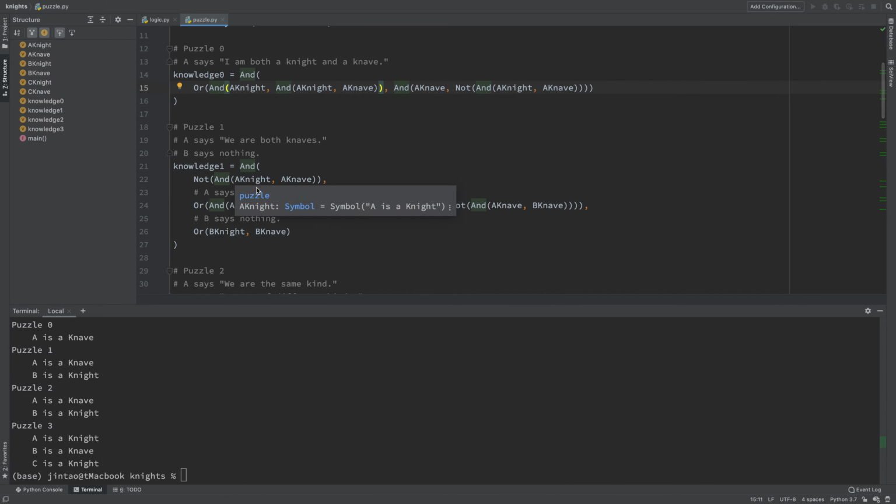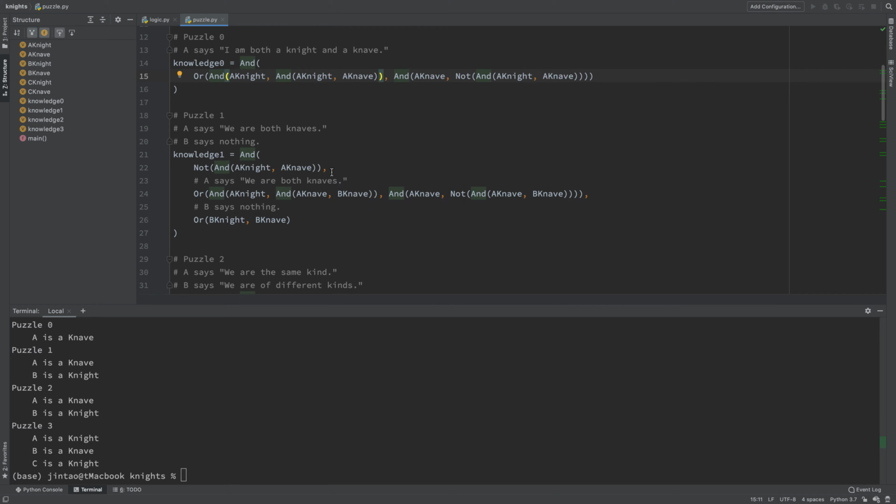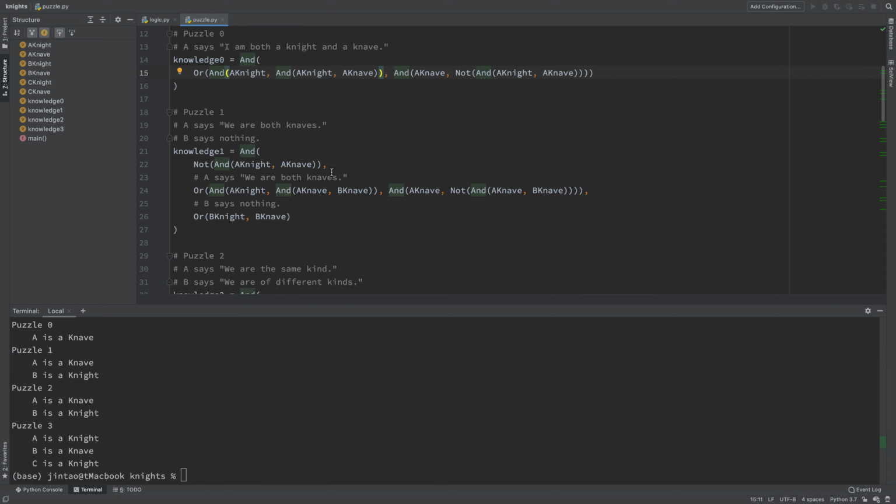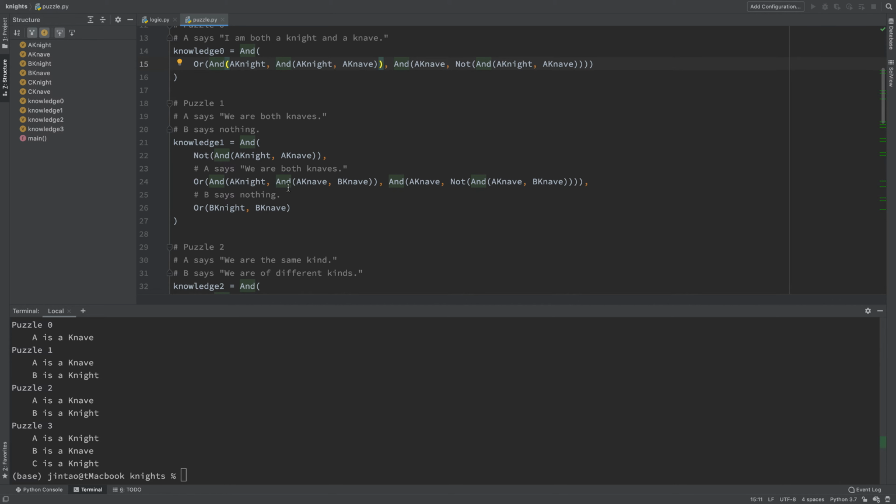And in puzzle one, in this case, we need to provide one extra piece of information: A actually cannot be a knight and a knave at the same time. This is some condition we can extract from the question. Then from A's statement, A says we are both knaves. And so there are two kinds of situations: A is a knight or A is a knave.